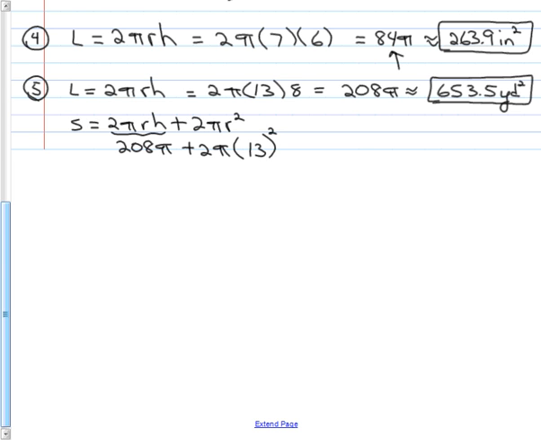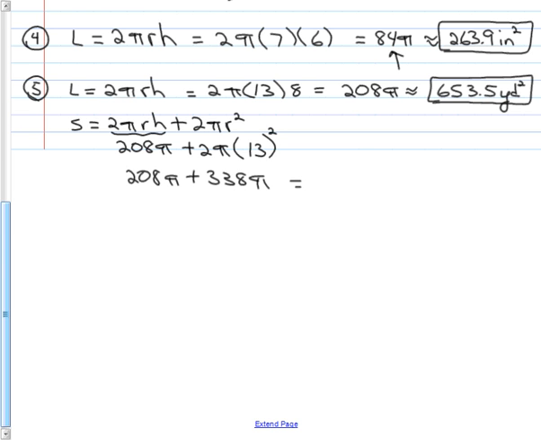I'm going to go through the exact again. What's 13 squared? 169 times 2, 338. So if I have 208 pi plus 338 pi, that's how many pi's? A lot.